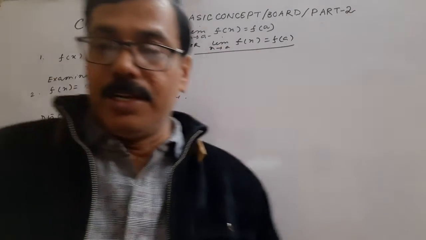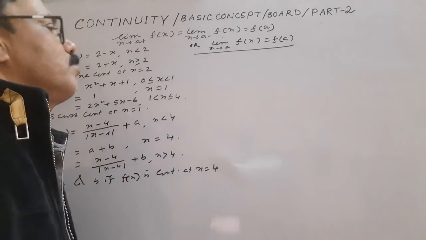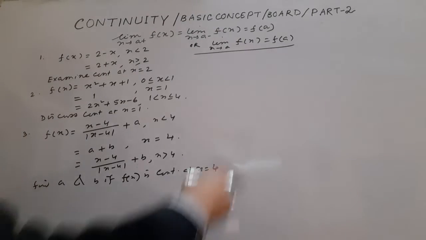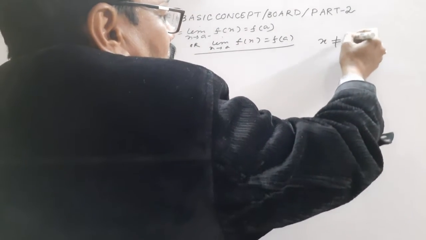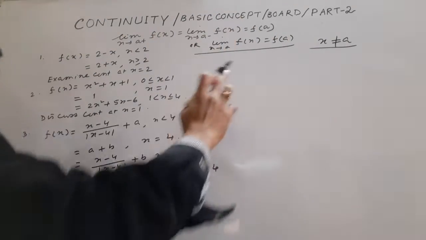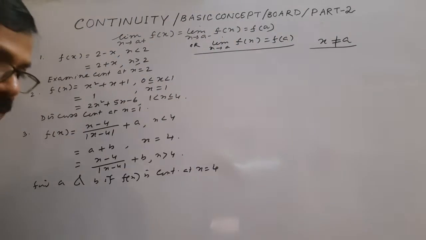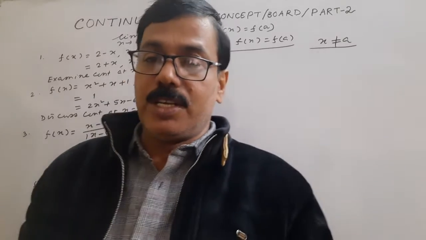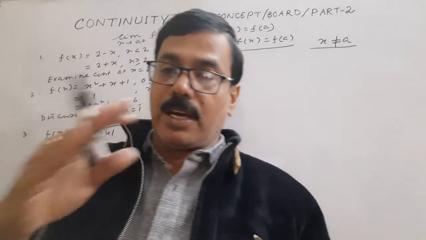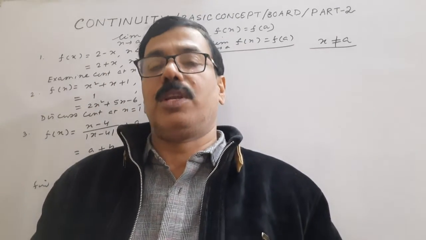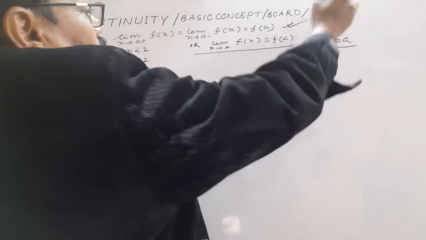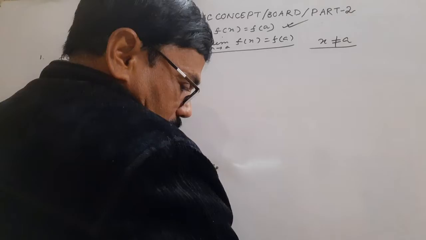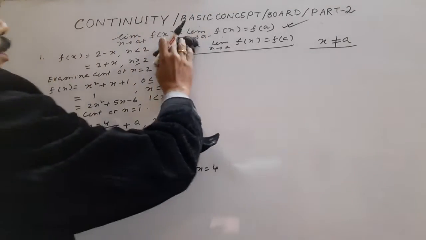So, we have already solved 6 or 7 problems using this one. When the condition is given on not equals to, then we have used this definition. When the condition is given for greater than value, less than value, equal to value, we use this definition. Although these definitions are equivalent.